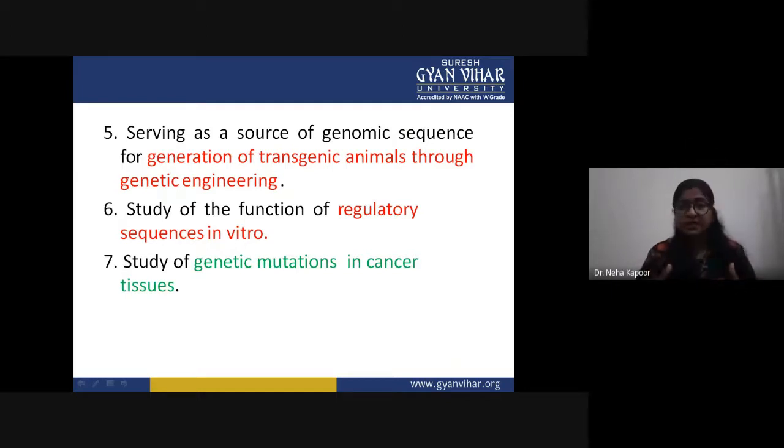All of these things can be studied through the genome sequence, which we need to establish first by constructing a genomic DNA library.